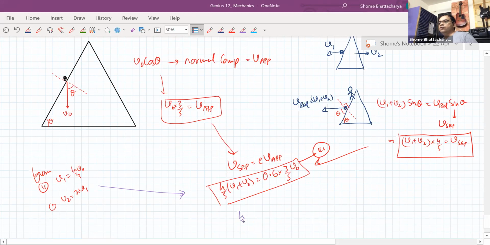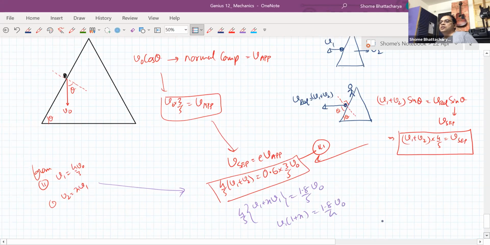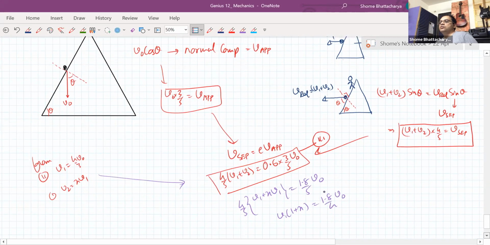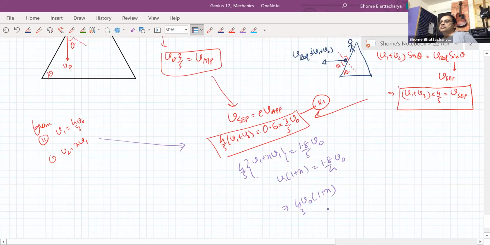So 4/5 V1 plus x V1 should be equal to 1.8/5 V0. Then 4/3 V0 into (1 plus x) from here.